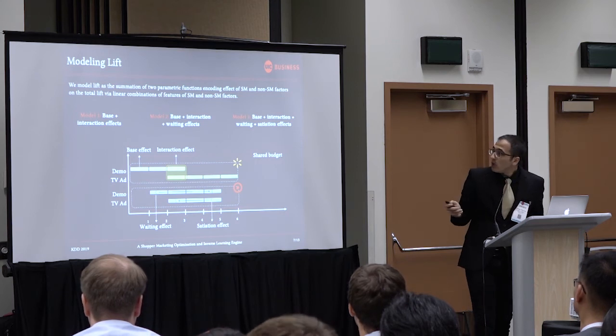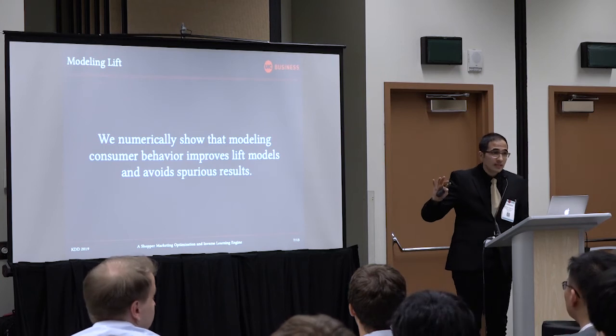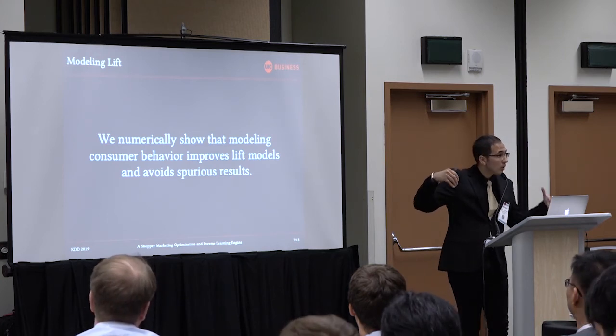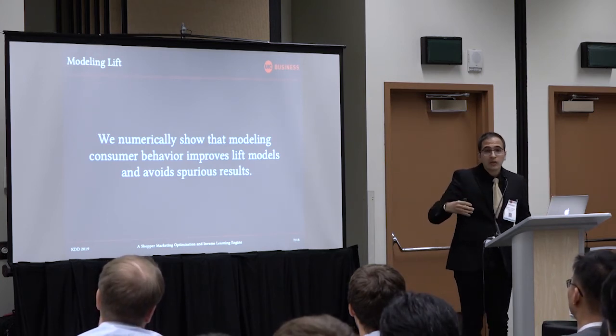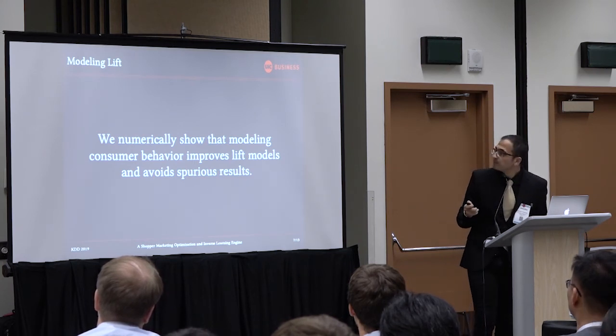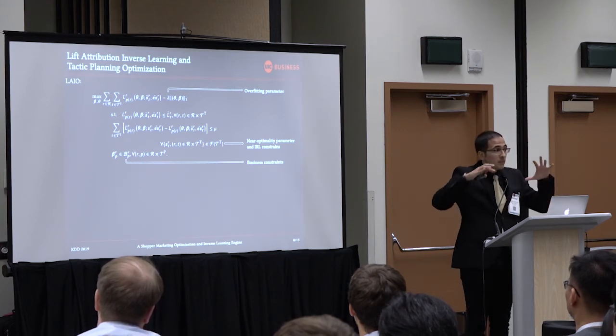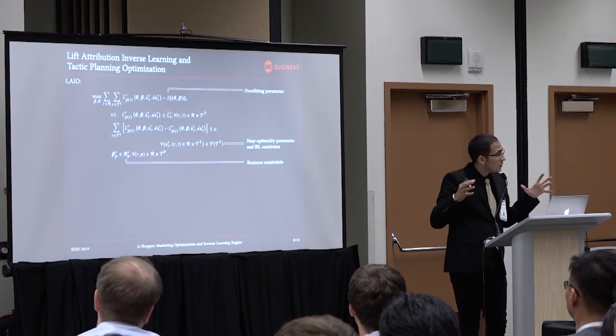Okay, so this is the detail of lift. We numerically show that if you leverage the information about consumers' behavior, you can get better predictive models of lift. So here I want to briefly discuss these data-driven optimization problems.